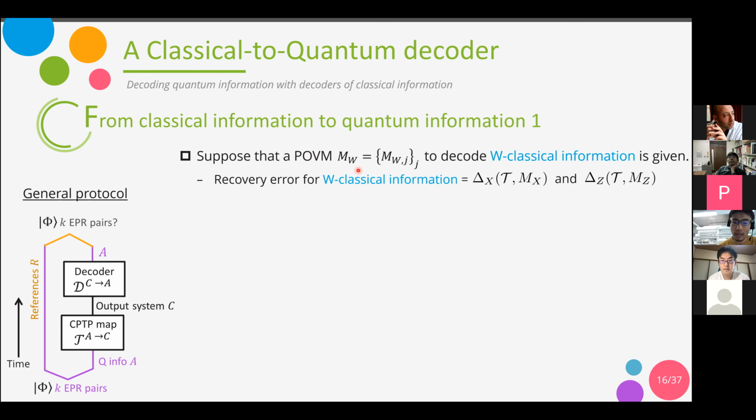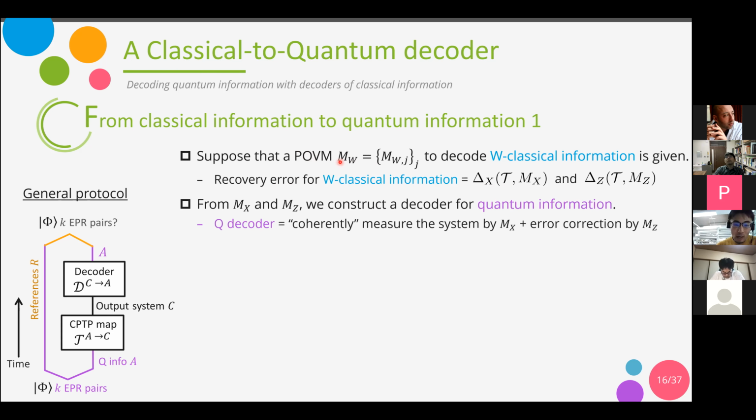Let's suppose that we have POVMs M_X and M_Z. Then assume that the recovery error for W classical information when we use this quantum measurement is given by delta_X and delta_Z.